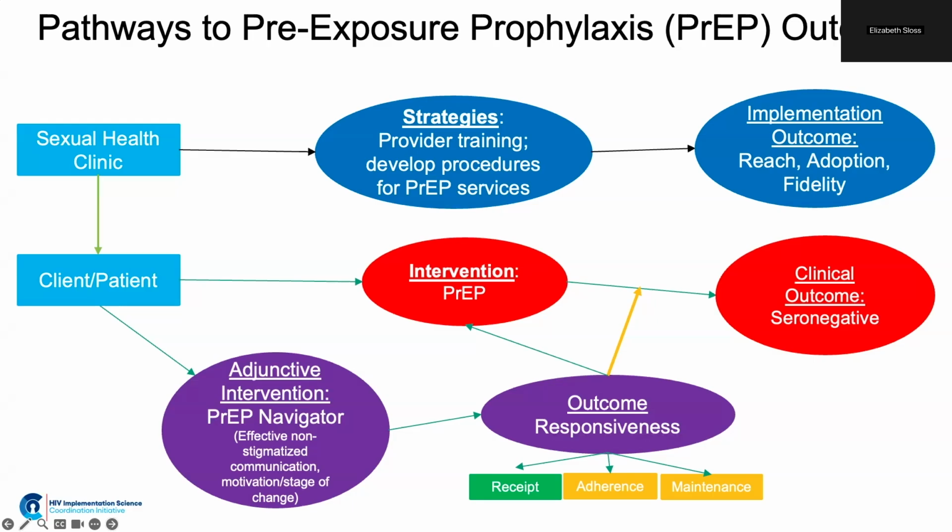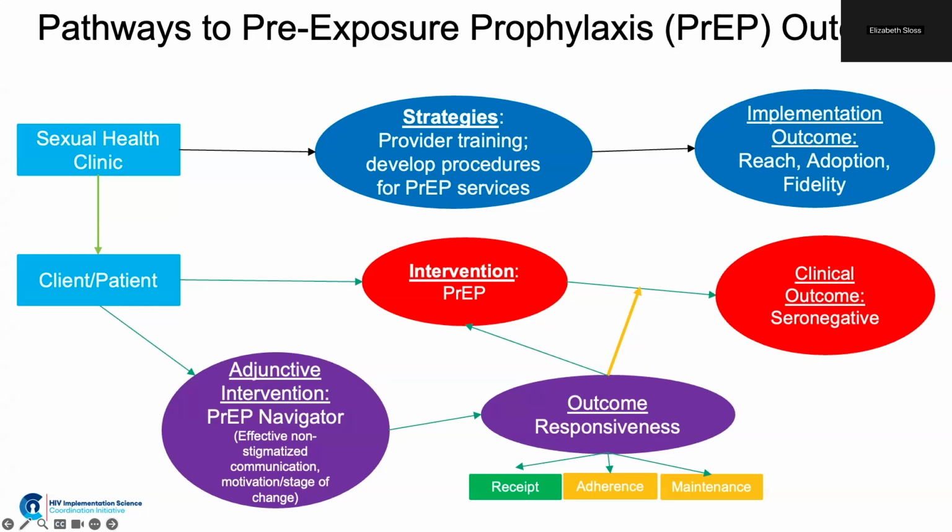Yeah, back in the back. Is the adjunctive intervention always targeted at the patient, or can it also be potentially targeted to the healthcare provider, like reminding someone that's involved in the intervention to do something? Yeah, great question. The question was, isn't an adjunctive intervention always targeted at the patient or recipient?